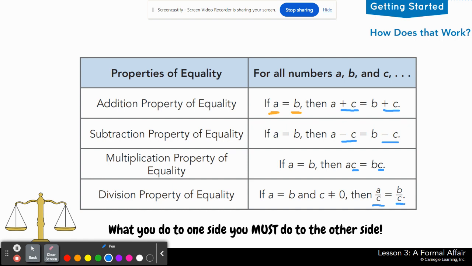If you multiply both sides by C, they are still equal. And same for division. If you divide both sides of the equation by C, then they can remain equal. So essentially, what you do to one side, you must do to the other. Feel free to write that note down.